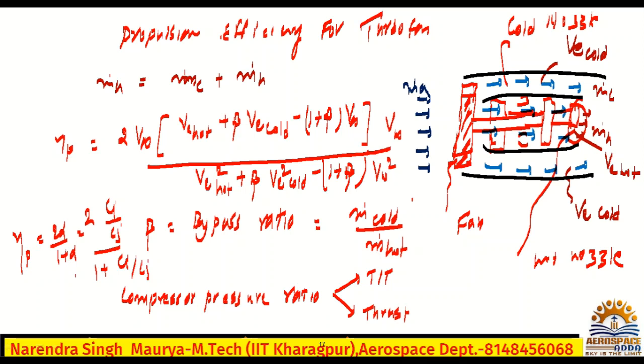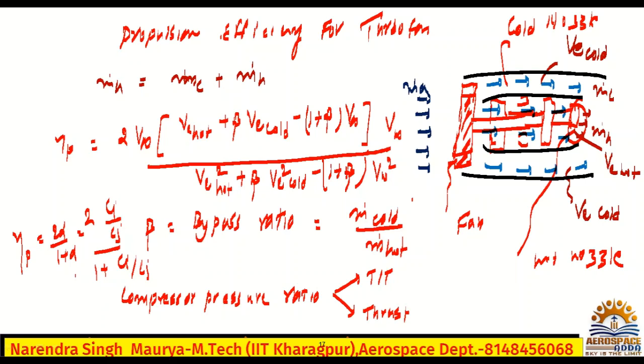Now if you check the propulsion efficiency, first, if you increase the compressor pressure ratio, initially that exit velocity will be decreasing. Then obviously, if the exit velocity is decreasing, your propulsion efficiency will be decreasing. But once you increase the compressor pressure ratio more and more, because of the increment in turbine inlet temperature, that exit velocity will increase rapidly.